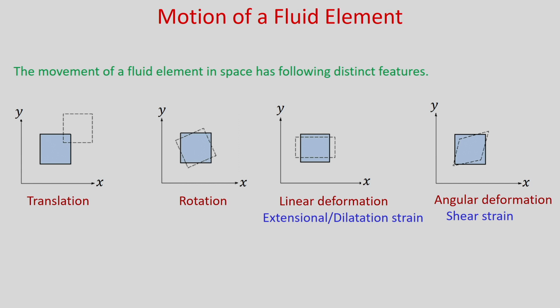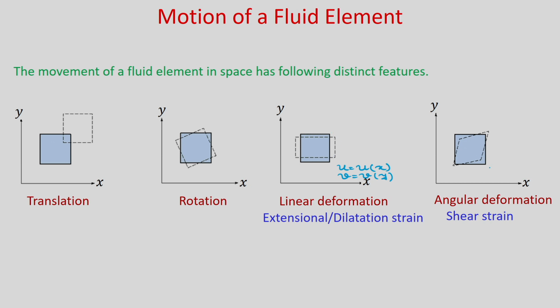Linear deformation also is known as extensional or dilatation strain. In this case you can see that this is the fluid element. If velocity is function of one space coordinate, let us say u is function of x only or v is function of y only, then only linear deformation will take place.